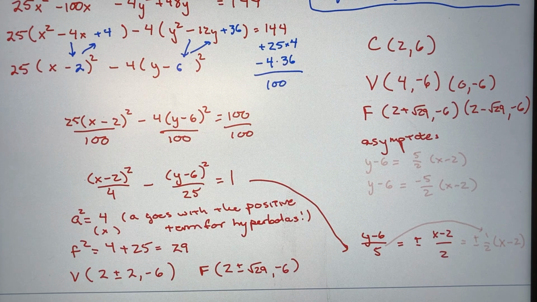So square rooting, moving the x term to the other side, then remember that I want it in point slope form. It's easier to just do that. So then I'm gonna just move the 5 to the other side. So y minus 6 equals 5 halves times x minus 2, and y minus 6 equals negative 5 halves times x minus 2. And I don't care if you leave the 6 on that side or move it over.